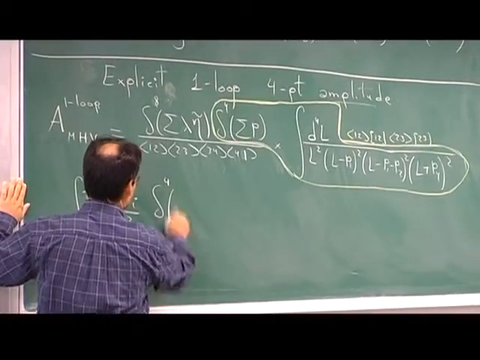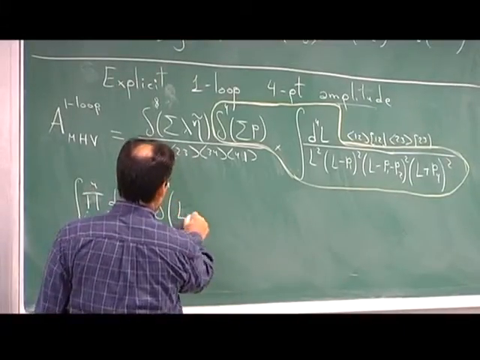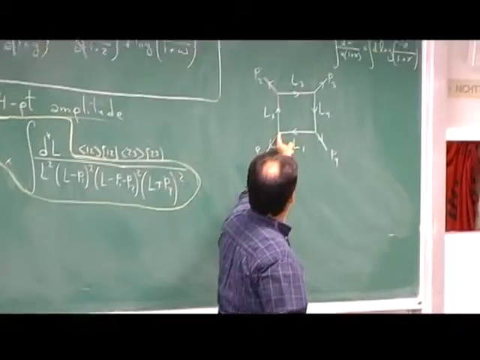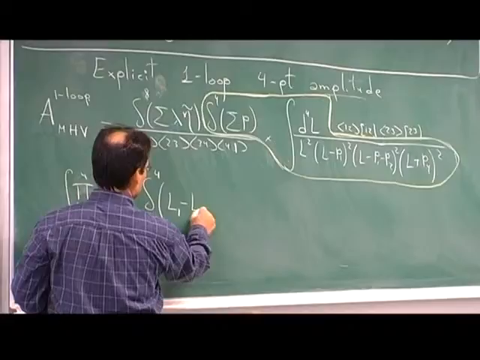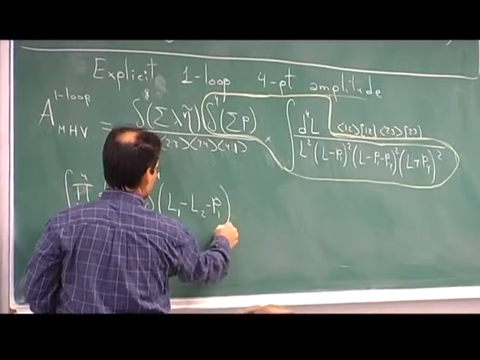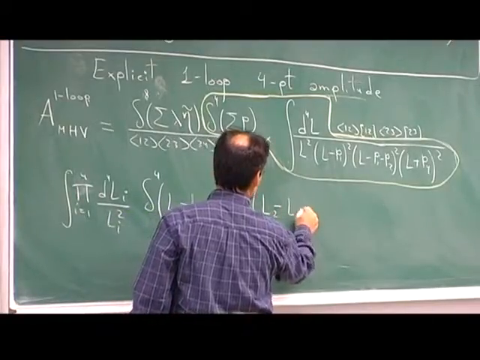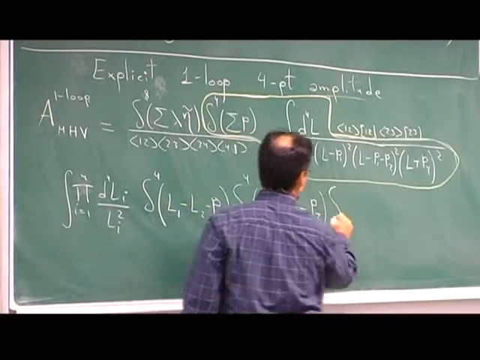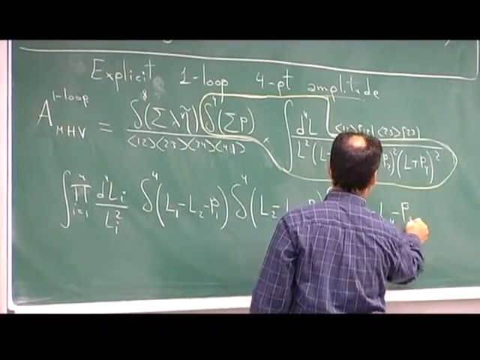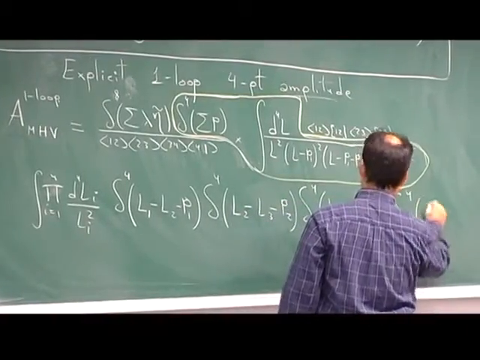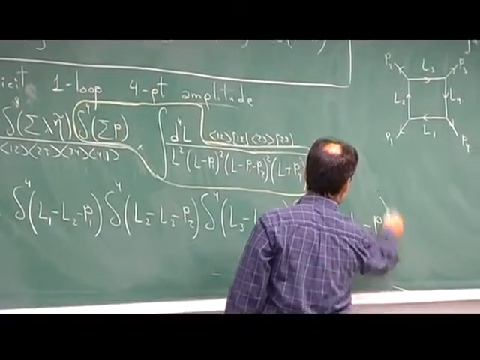Well, the constraints are that momentum conservation has to be satisfied at each vertex. So if I have L1 coming into this vertex, it better be equal to P1 and L2. The same thing at the next vertex, where I have L2, L3 minus P2, delta 4, L3 minus L4 minus P3, and delta 4, L4 minus L1 minus P1.